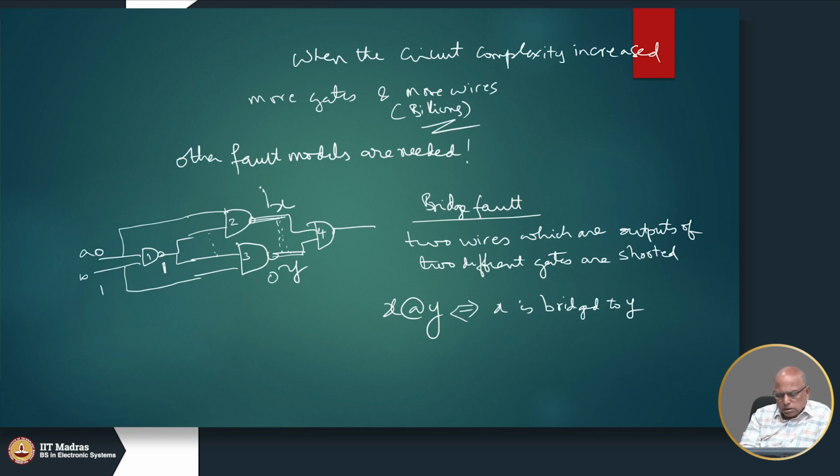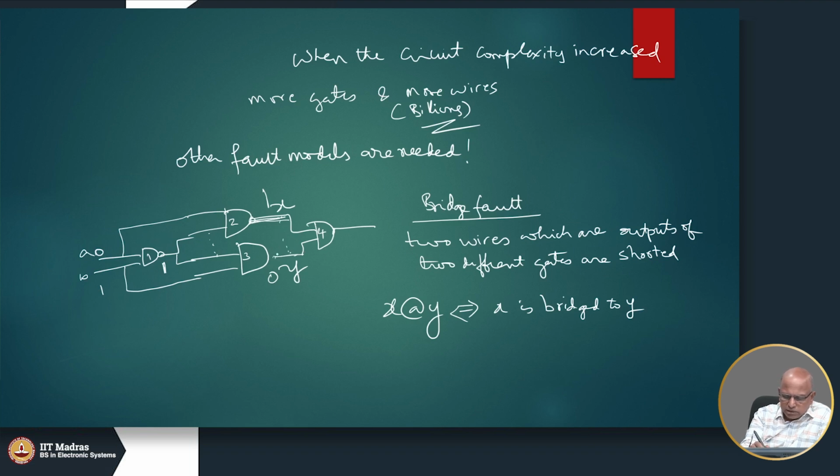So there is a gate which is trying to pull this to logic 1, and there is a gate that is pulling it down to logic 0. These two wires are different wires. There is no connection between them.